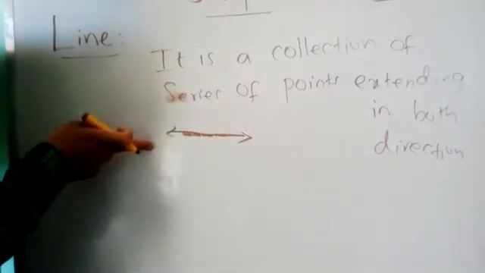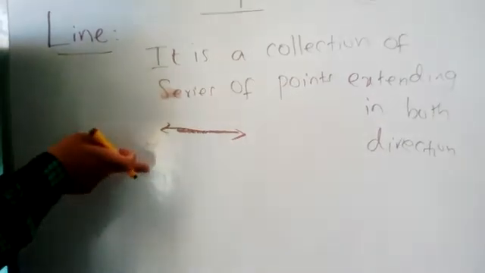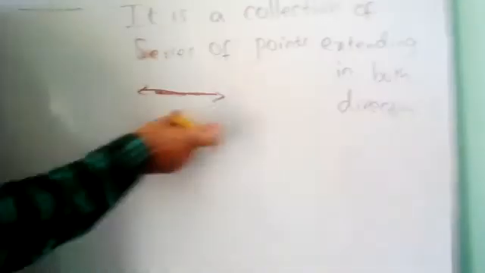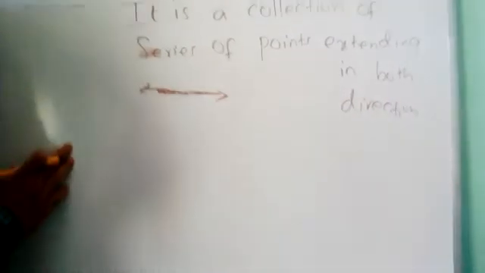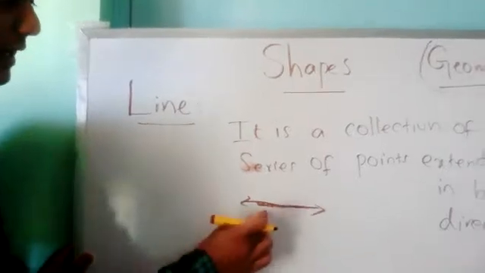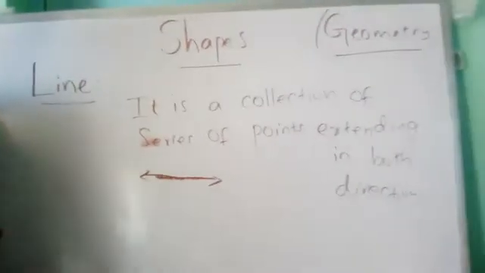Similarly, a line has two directions, that means it is extending in both directions. It is called a line. So a line contains an infinite number of points.